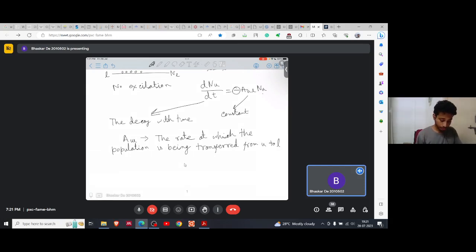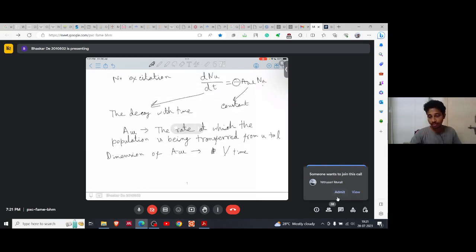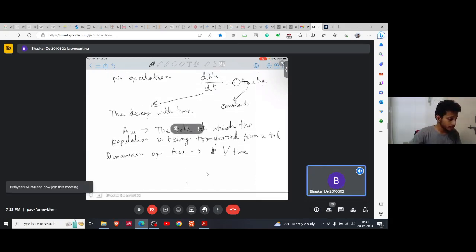Now the dimension of Aul is one by time. So it has a unit of inverse of time, or second inverse.